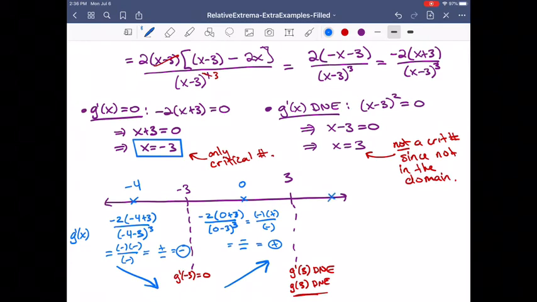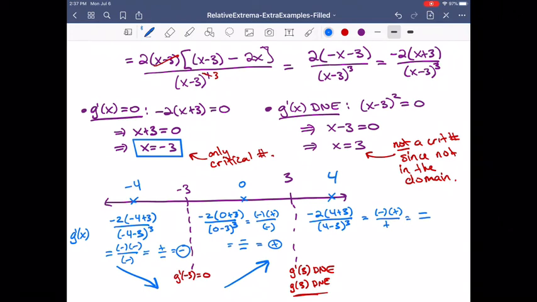If I pick something bigger than 3, let's say 4, now I have negative 2 times 4 plus 3 over 4 minus 3 cubed. So this is a negative times a positive, because 4 plus 3 is 7. And 4 minus 3 is 1, and I cube 1, I get a positive number.